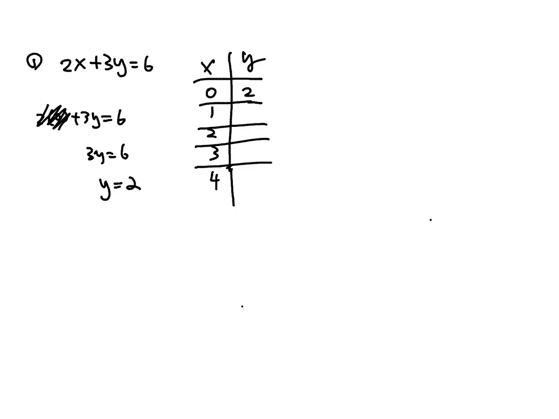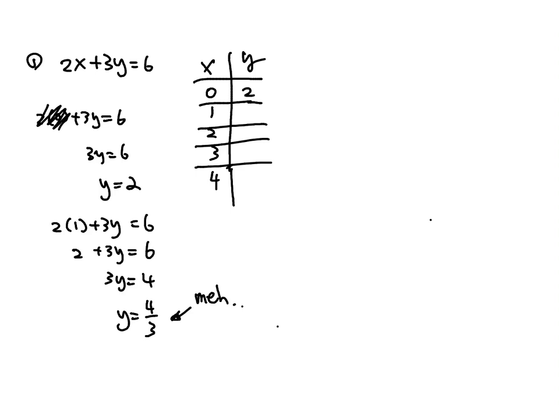Alright, and now if we let x equal 1, so 2 times 1 plus 3y equals 6. So 2 plus 3y equals 6. This means 3y equals 4 and y equals 4/3. And not as nice, right?